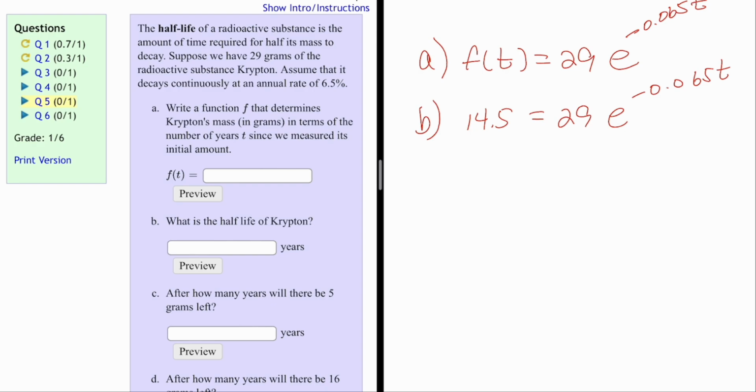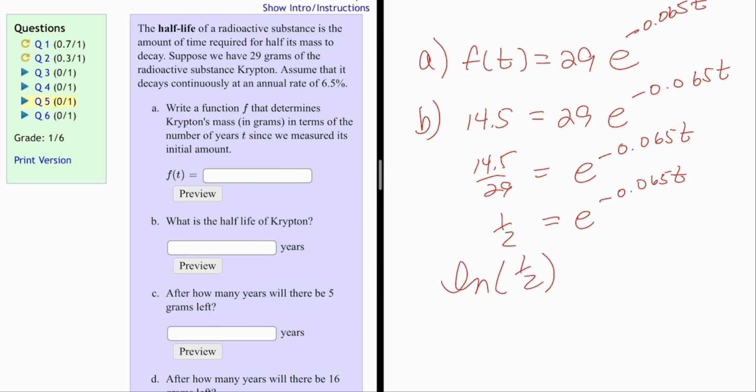And so 14.5 divided by 29 equals e to the negative 0.065t. That's 1/2. We did that on purpose. So we would get the natural log of 1/2 is negative 0.065t.